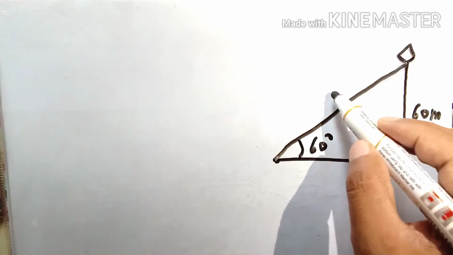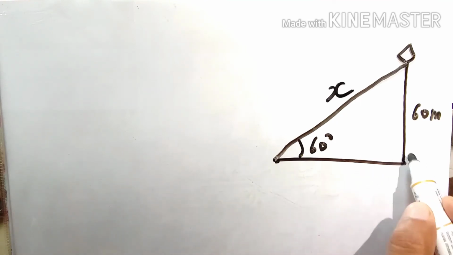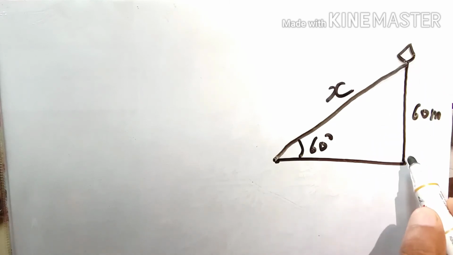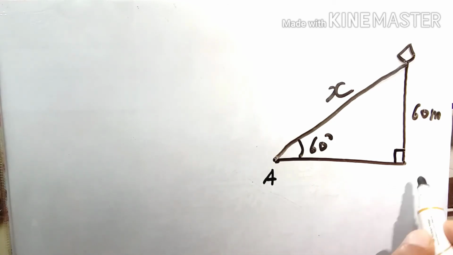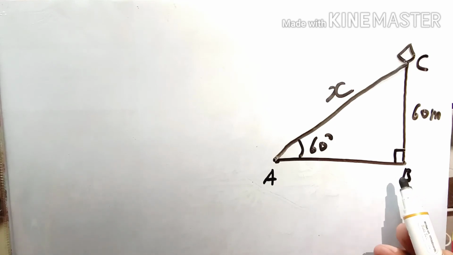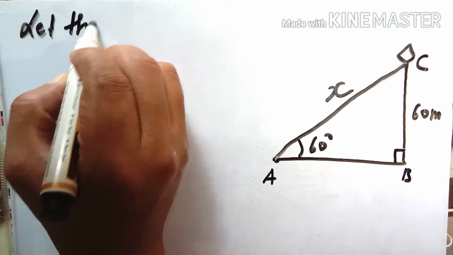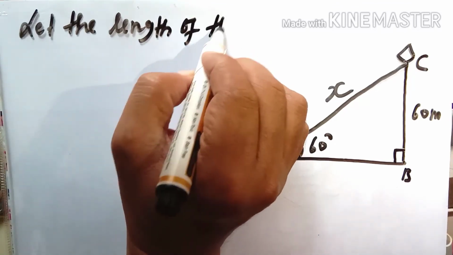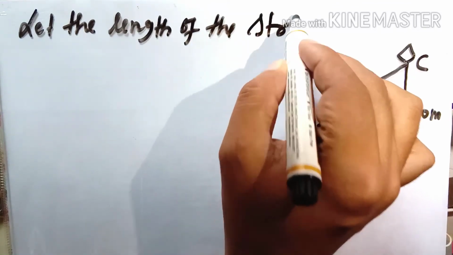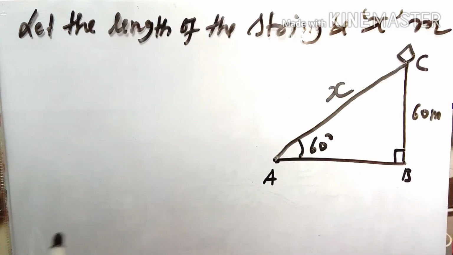So here we just consider the length of the string to be x meters. The ground and this line form a perpendicular. Consider ABC to be a right angle triangle, right angled at B. Let the length of the string be x meters.